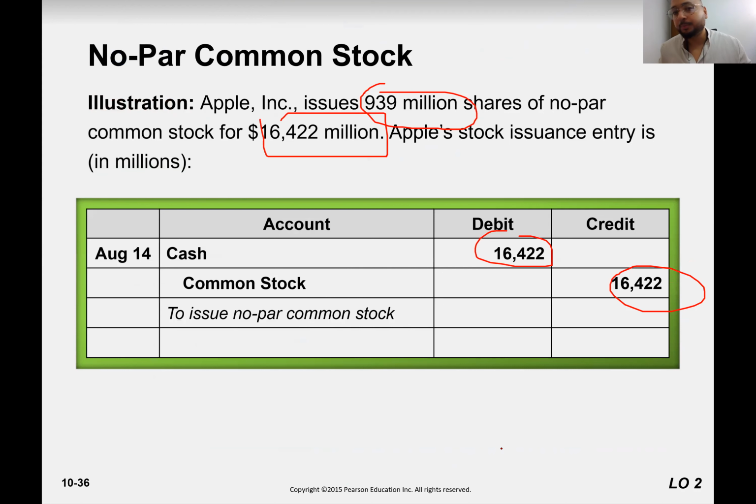The value of the share can increase or decrease, but we don't have any par value. The company doesn't mention that one share is worth $10 or $0.05 or $5 or $100. But this rarely happens. There are some companies who issued this, but it's rare.